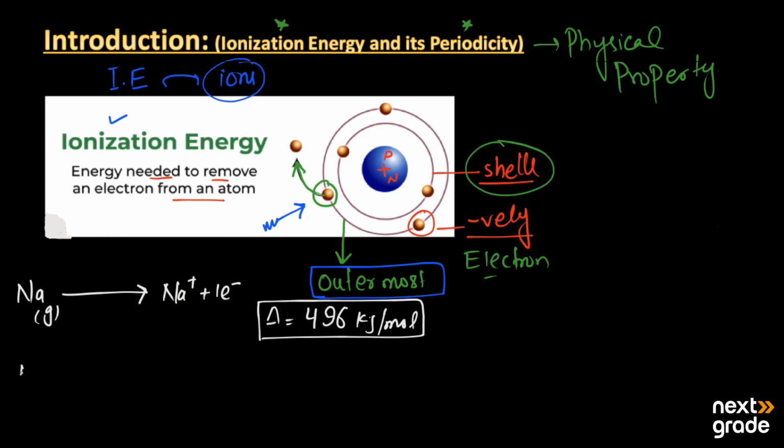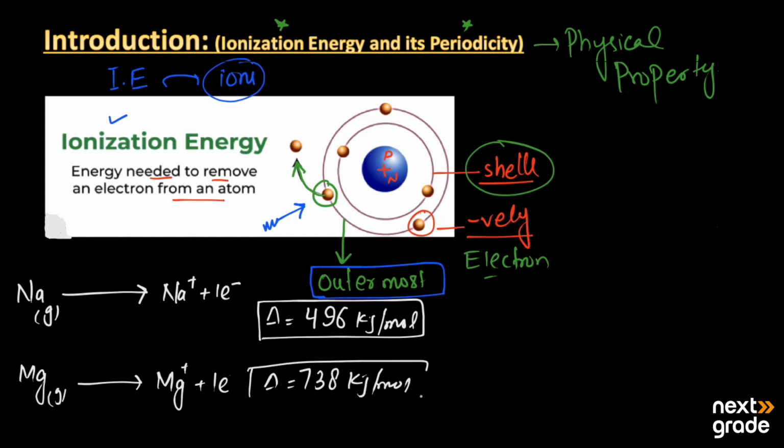Next we have the second atom, magnesium. It is also in the gaseous state, and when we convert it into an ion, it absorbs almost 738 kilojoule per mole. So this is its first ionization energy.